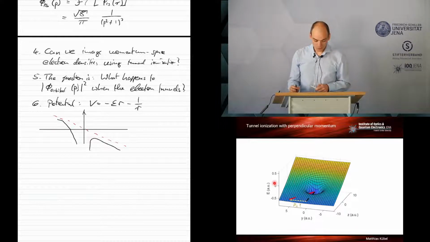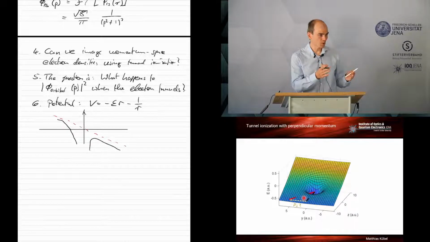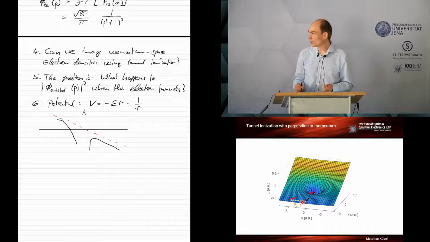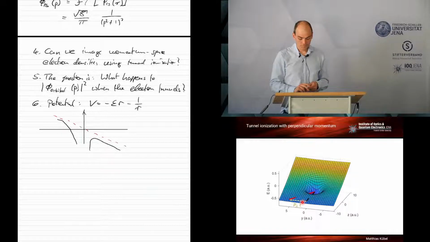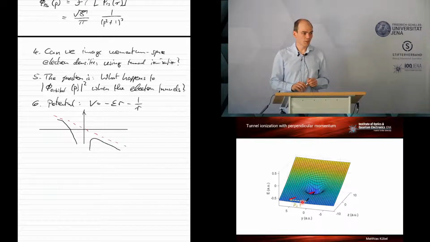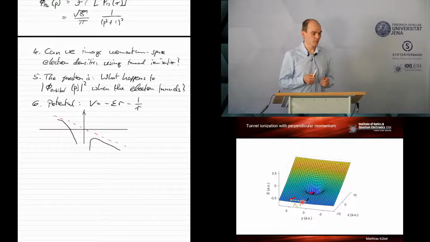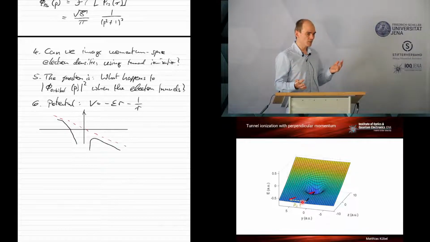Previously we were looking at this direct route of tunneling, along the laser polarization, because we only had 1 dimension, and now we consider here a perpendicular momentum in addition. Qualitatively, what would you expect for the tunnel ionization rate or probability when you add a perpendicular momentum? Would it remain unchanged, increase, decrease?